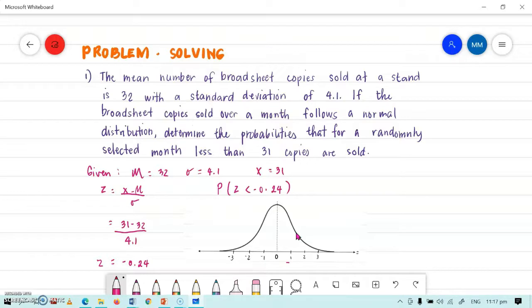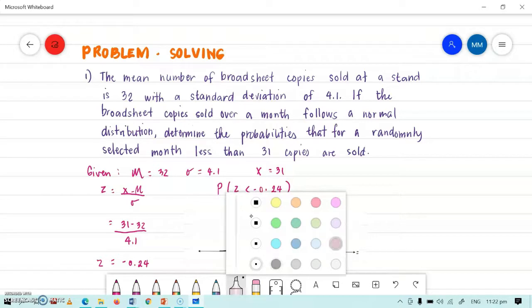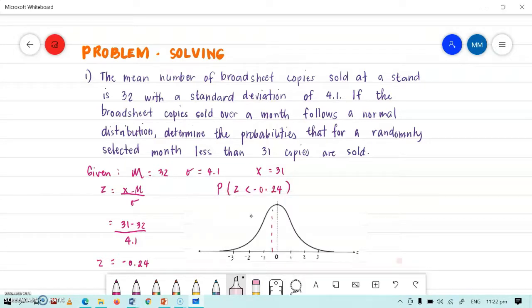Alright, let's illustrate the curve. First we need to locate where negative 0.24 is, so it's somewhere here. Since we are looking for the probability of z less than negative 0.24, we need to shade the region to the entire left of negative 0.24.